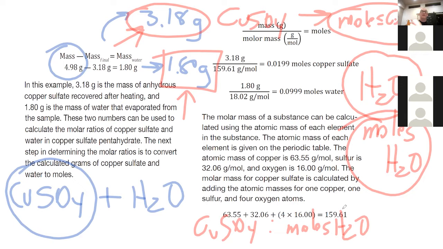The other error is that when we start to heat these, the crystals themselves actually start to pop, sort of like popcorn. And some of them might pop right out of the dish we're using. That would decrease the number of moles of the anhydrous salt we're estimating is there, and increase the amount of water we think we're losing.